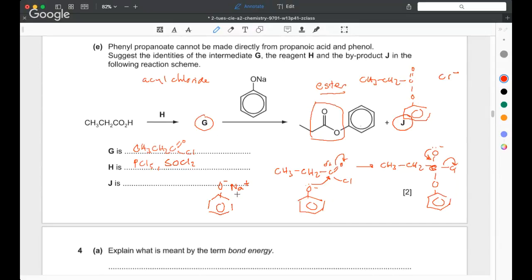That means the sodium ion is a spectator ion, nothing's happened to that. The chloride ion was produced in this reaction, so you've got a sodium ion left over and the chloride ion released at the end of that mechanism, and so this byproduct is sodium chloride.